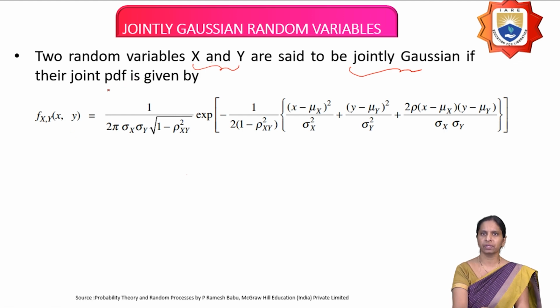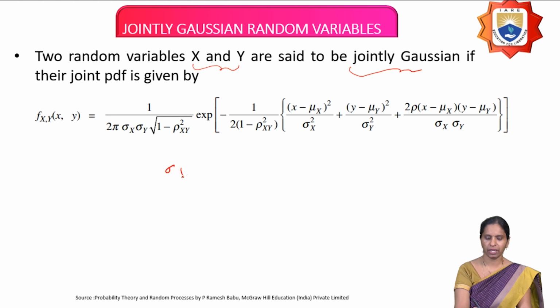What is the joint probability density function of these two Gaussian random variables? fXY(x, y) is equal to 1 by 2 pi sigma x sigma y into square root of 1 minus rho square xy, into e power minus 1 by 2 into (1 minus rho square) into [(x minus x bar, that is mu x) whole square by sigma x square plus (y minus mu y) whole square by sigma y square minus 2 rho into (x minus mu x) into (y minus mu y) by sigma x into sigma y].